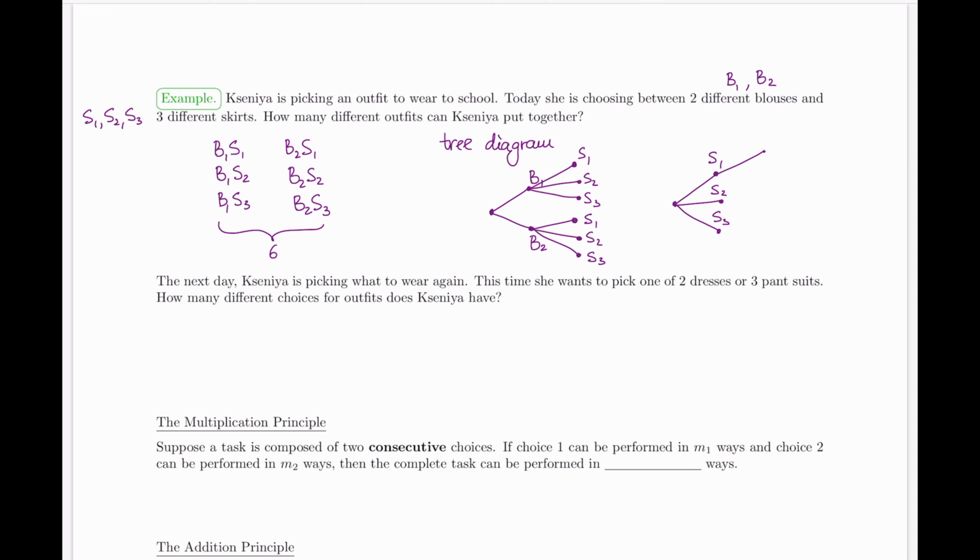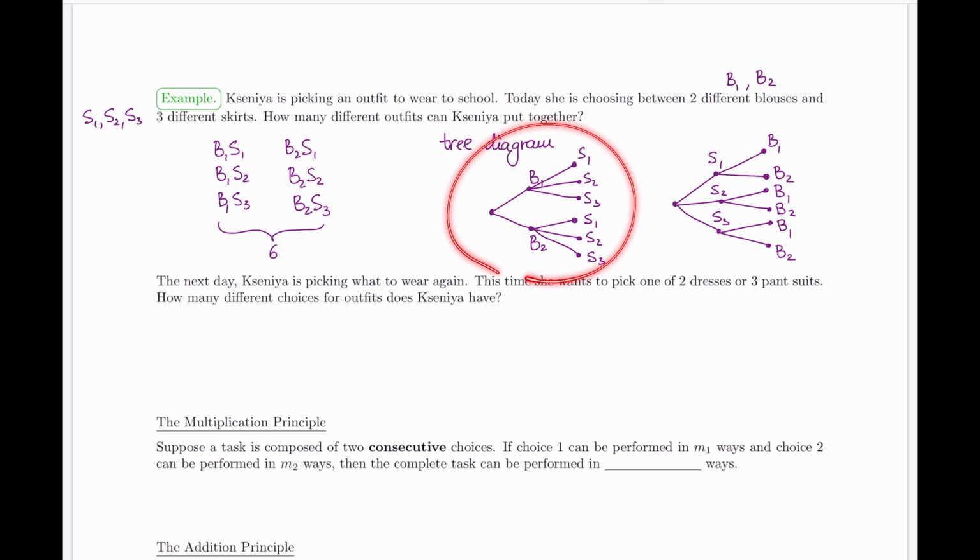And then for each skirt, I will have 2 possibilities for a blouse. Blouse 1, blouse 2, 1, 2, 1, 2. And then the end result is listing the exact same possibilities, but in a slightly different order, right? So again, each one of these end vertices represents a complete outfit, but they're listed differently.